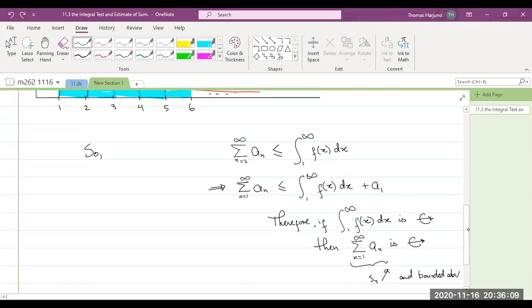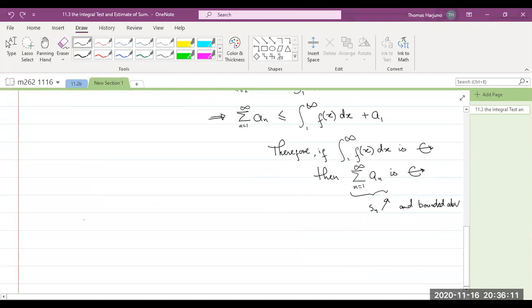Now, on the other hand, the integral from 1 to infinity of f(x) dx is less than or equal to the infinite sum from 1 to infinity.